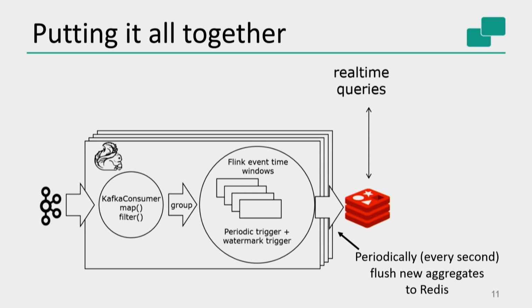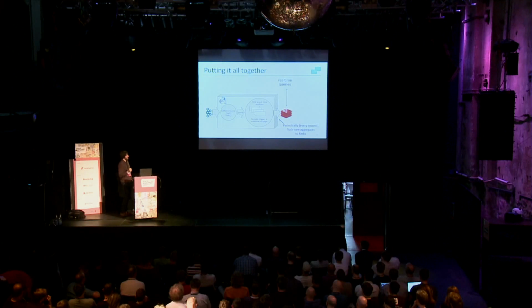And the data is written, just put the Redis icon here. It's the one that we used in this example, but it could be any other key value store, actually. The results are exposed via the key value store, and the queries go against that key value store, right? So if you say, let me see how many people have interacted so far with my tweet with that ID, you just pick this up from the key value store.